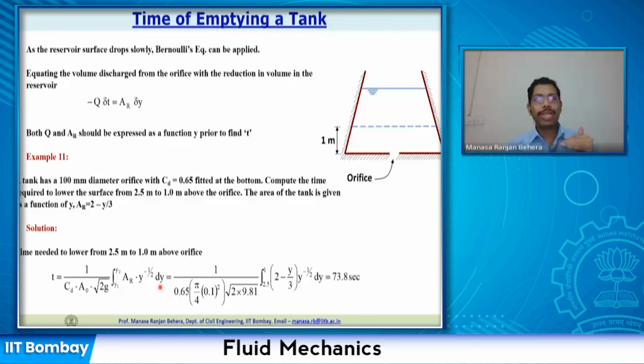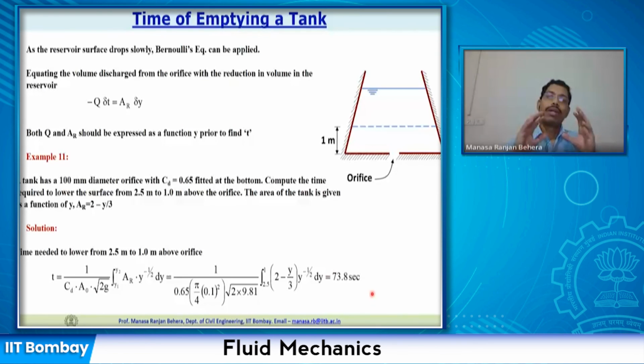So you get the integral of 2 minus y by 3 into y to the power minus 1 by 2, A_R represented by this expression, multiplied by dy, and if you solve, you will get a value of 73.8 seconds.